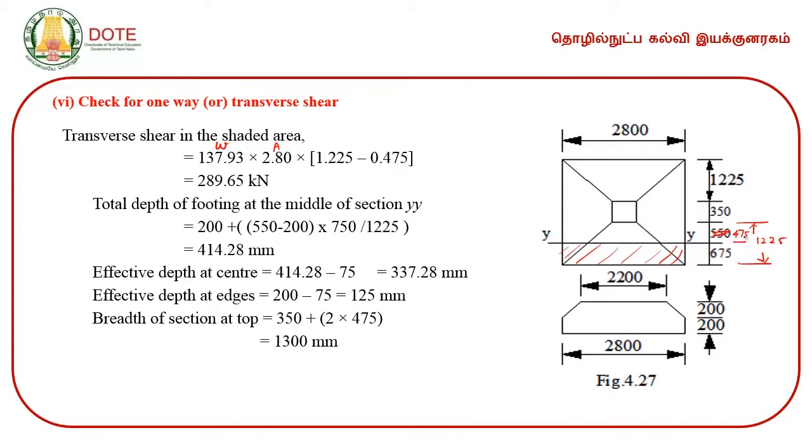So, from this point to this point, this is 1225 minus 475, that will give you this width and this length 2.8, and this is the intensity.